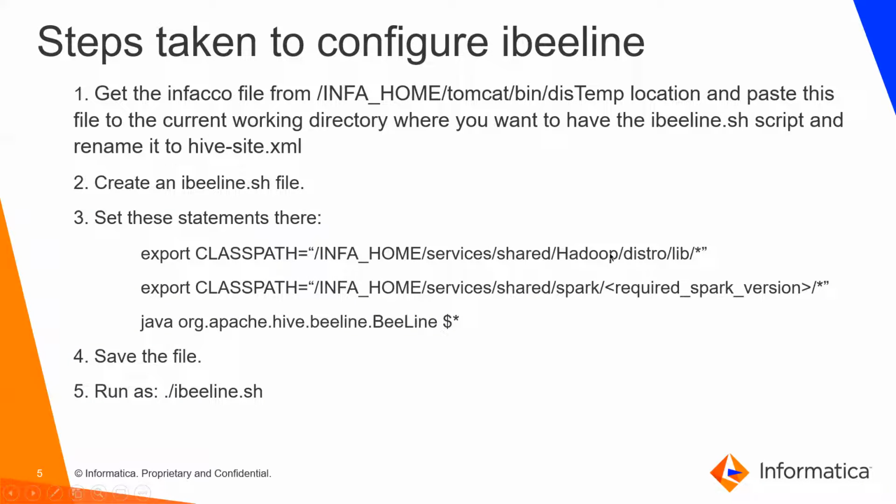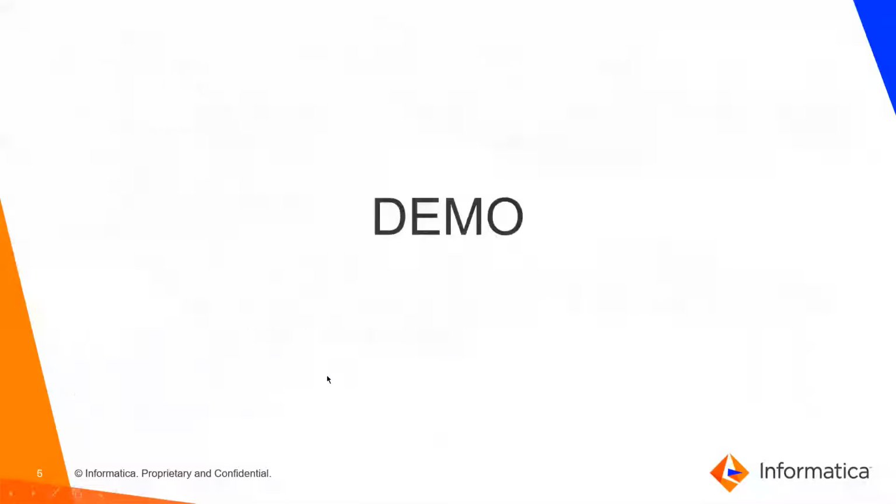The first line being the same as the ISDFS. The second line being the Spark version, where we need to provide which Spark version we are using. And then the Java class, which is going to be used. Then we save the file, and we can directly run the command as ./ibline.sh.